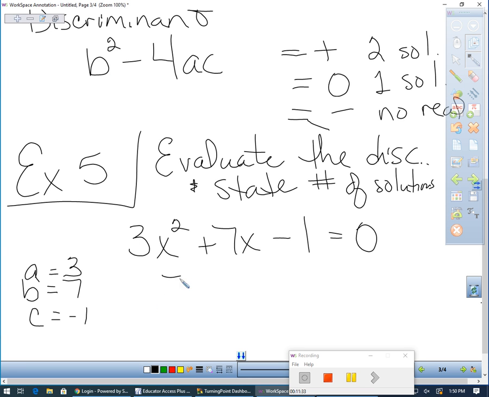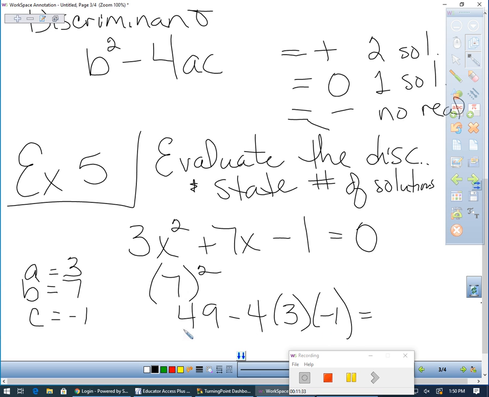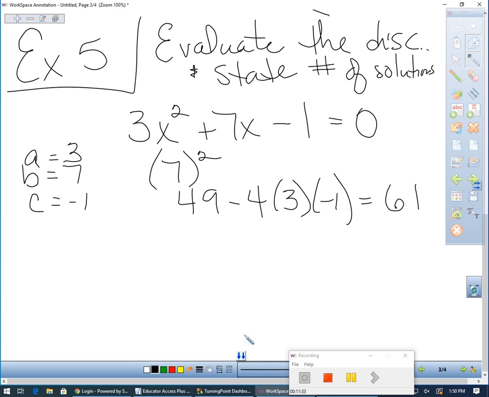B is 7, so 7 squared or 49 minus 4 times a times c. What do we get? I got 61 also. There's a negative and a negative here, so the two negatives have to make a positive, right? We're adding them together. So if we get a positive 61, how many solutions are there? Two solutions.